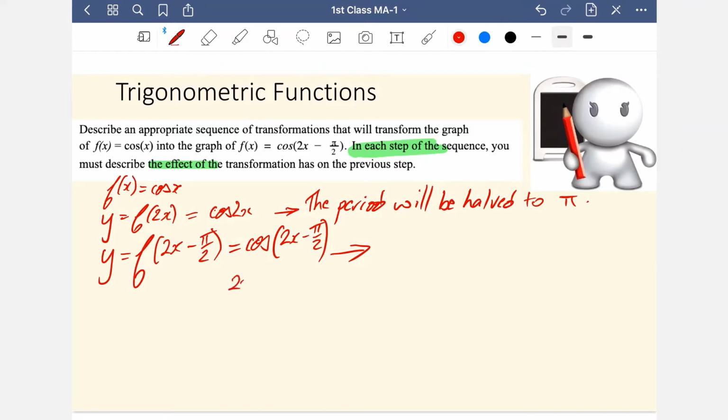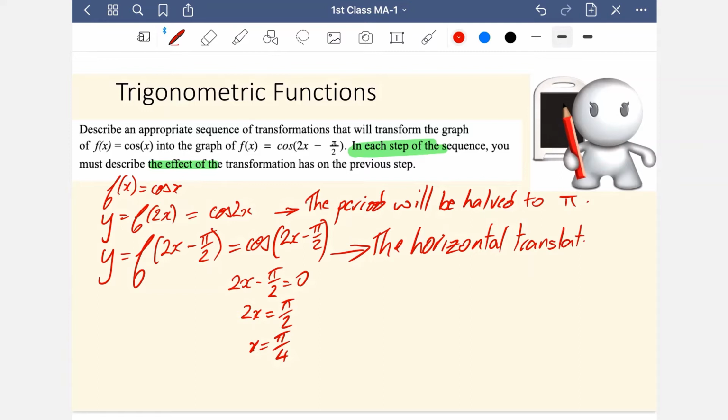So if I solve this to equal 0, what I will get is pi on 4. So the horizontal translation is to the right by pi on 4 units.